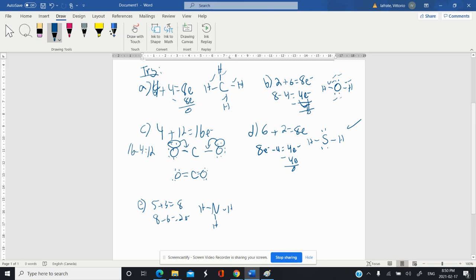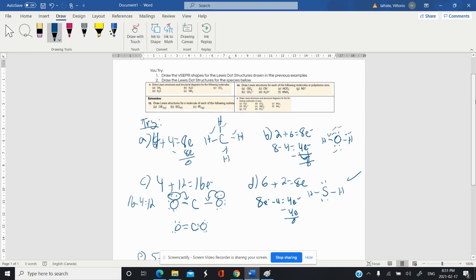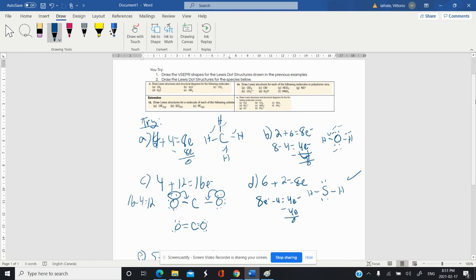Our hydrogens are all happy because they have their 2 valence electrons. Nitrogen's not happy yet, so we can place 2 valence electrons on nitrogen, and we get ammonia like that. And once we place those 2 there, there's 0 left to place, but everything's happy. So that was question 5, A through E.